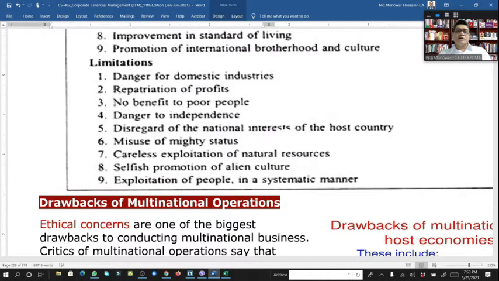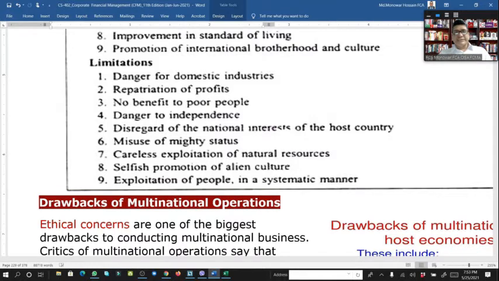So consumers will buy that product, not our local product. After a few months or years, our local companies or industries will not be able to run their business.